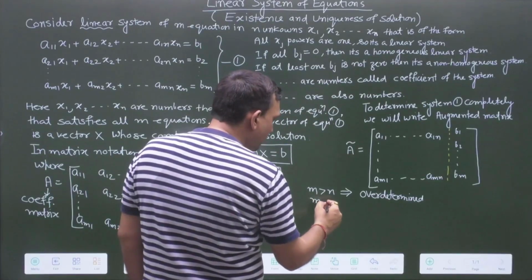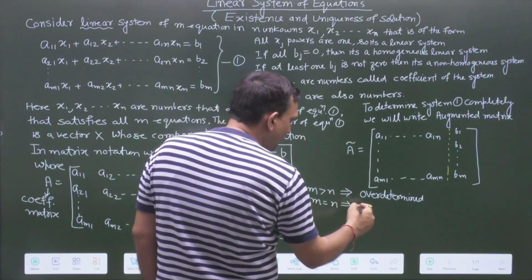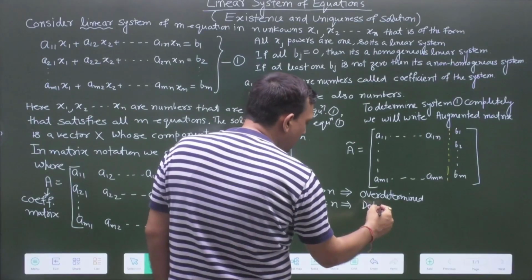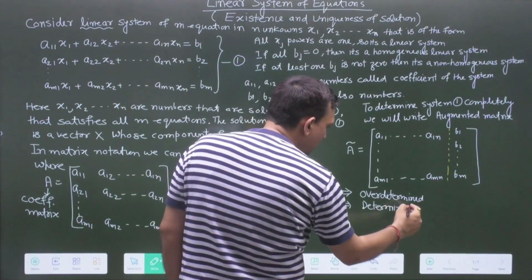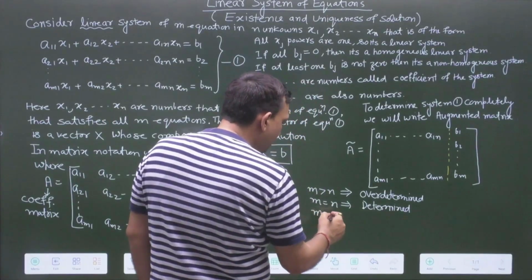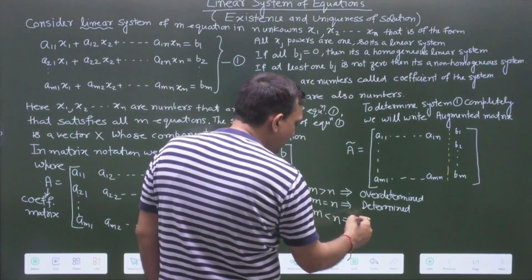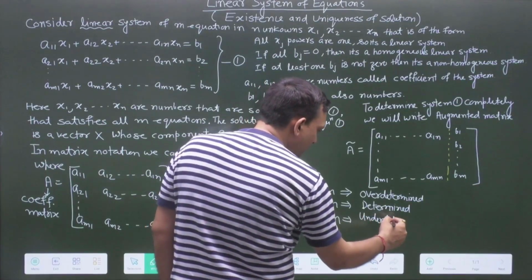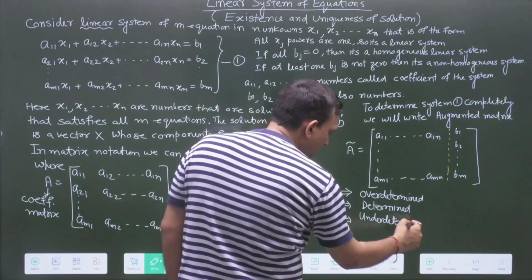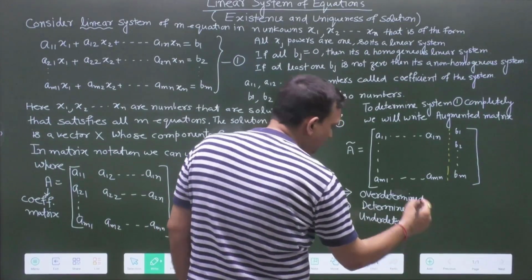If m is equal to n, we say that the system is determined. If m is less than n, we say the system is underdetermined.